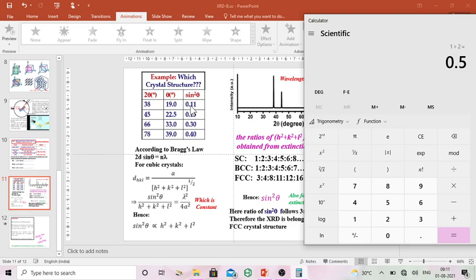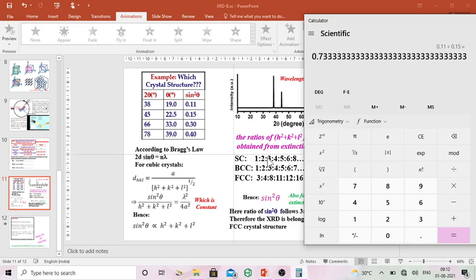Now we consider 0.11 by 0.15. What will be the value? 0.11 divided by 0.15, the value is 0.73. So it is not matched with simple cubic.